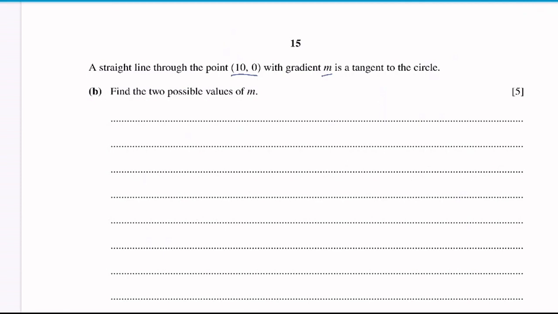So that is where we need to form the tangent line first, in terms of m, which is y minus y1 equals m times (x minus x1). This is the tangent line. If this is a tangent line to the circle, it means that it will only touch the circle at one point, or in other words, when we substitute this y into the equation of the circle that we have earlier, it should only have one real root.